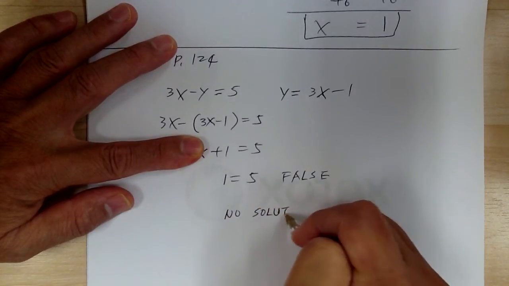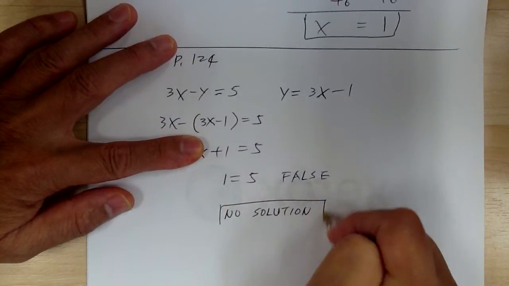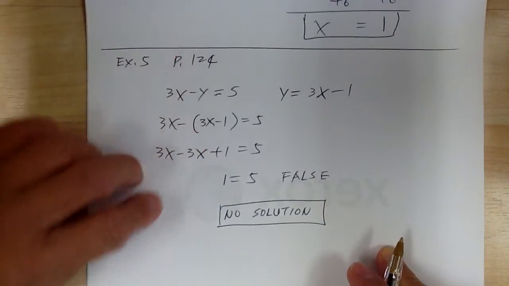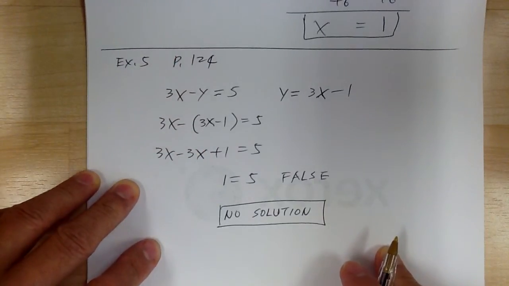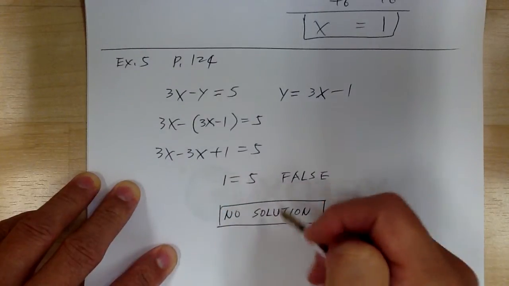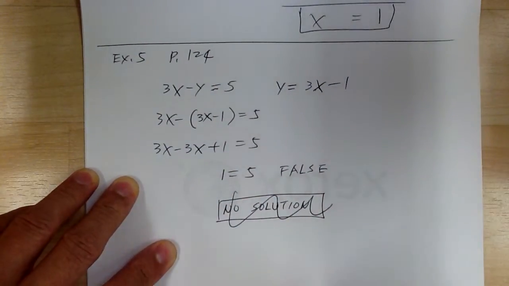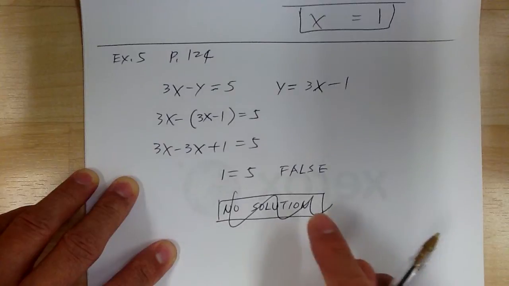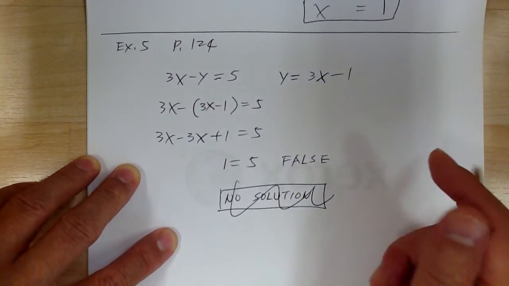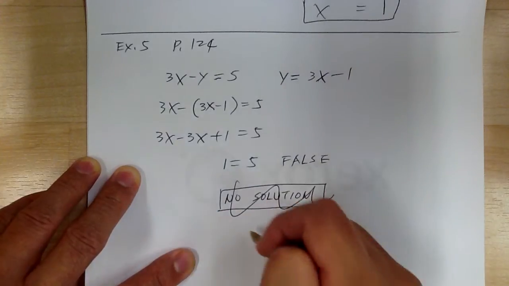Now, if it's always true, then it would be all real numbers. And actually, there's a name for that. In this case, no solution. When you have only one variable, you write down no solution. But when there are two variables, two equations, it's called inconsistent.